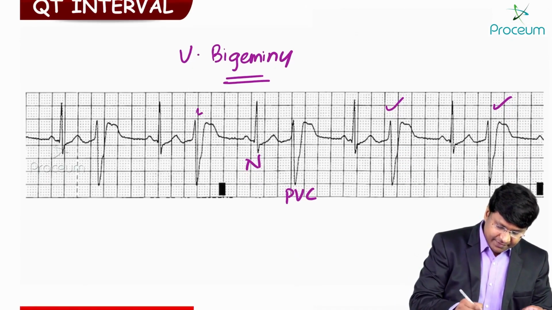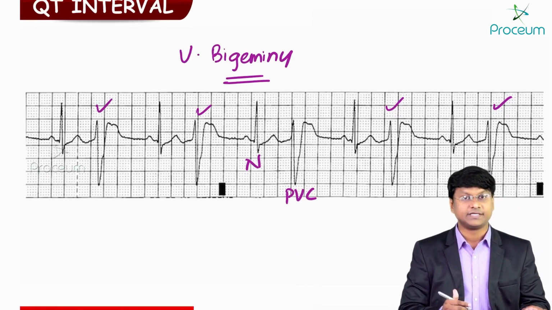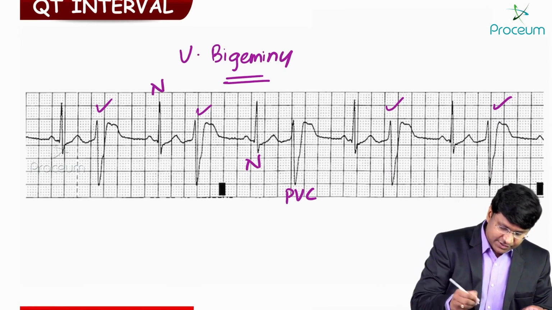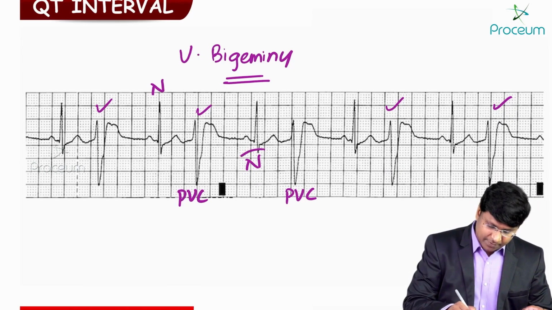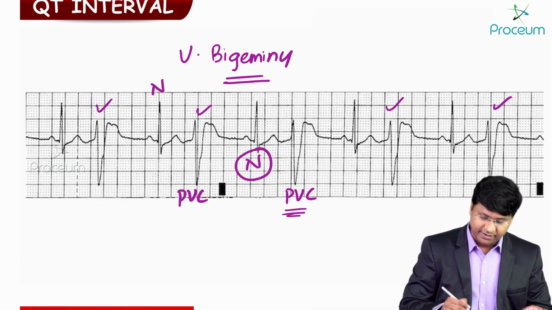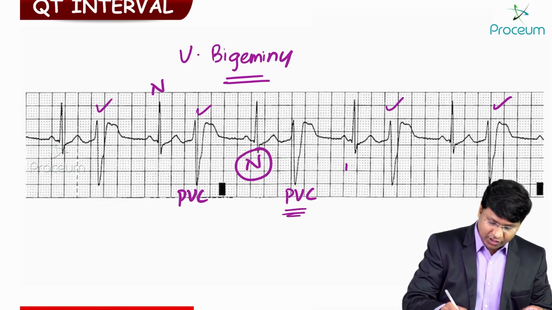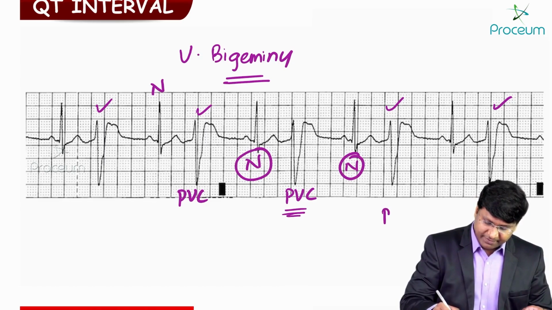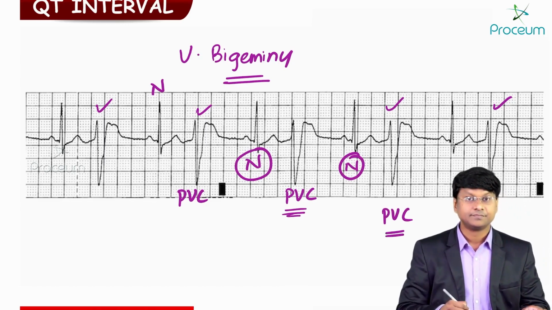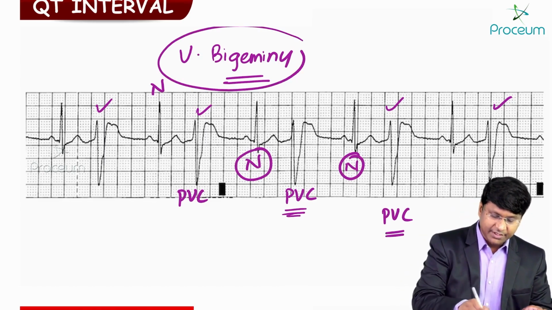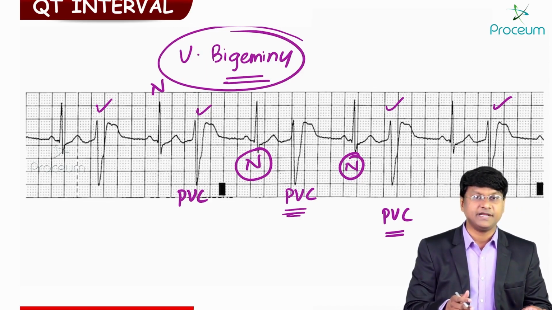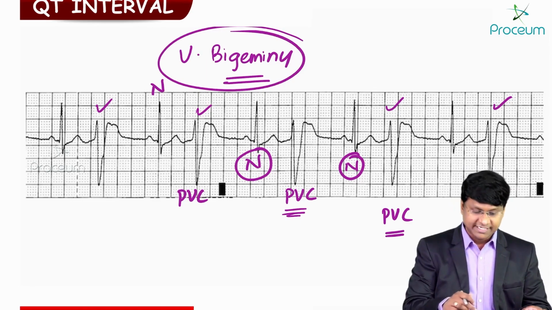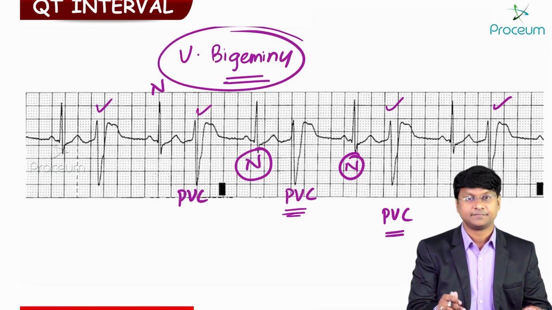You are seeing them every alternate complex. This is a normal complex, this is a premature ventricular contraction, and so on. That is your ventricular bigeminy. That means every alternate beat is an abnormal beat, so that is why it is called bigeminy.